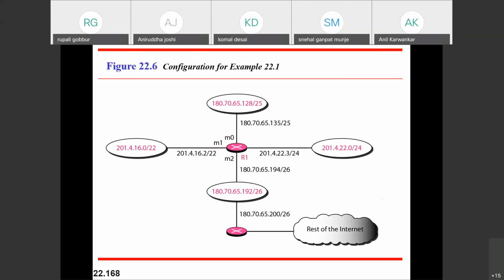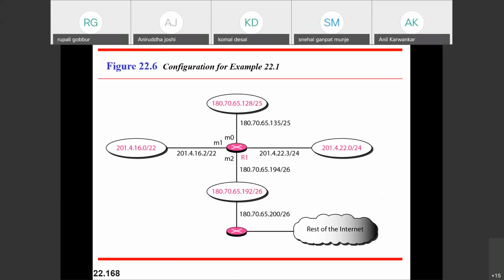Say, for this particular example, we have M0, M1, M2. We have one particular range of IP addresses connected to router 1, which starts with the IP address 201.4.22.0. The /24 indicates the number of hosts that are available for router 1 having the range of IP address 201.4.22.0, the maximum number of hosts defined by the subnet mask for that particular network.